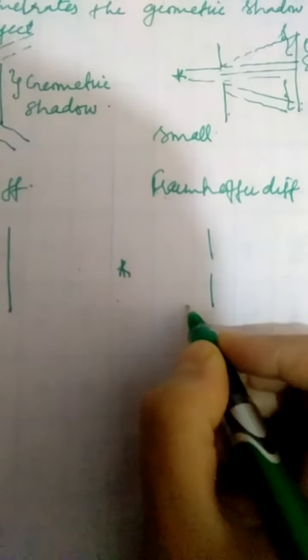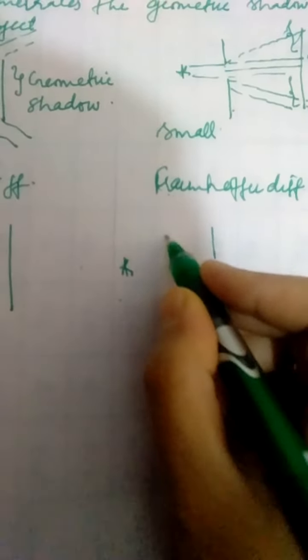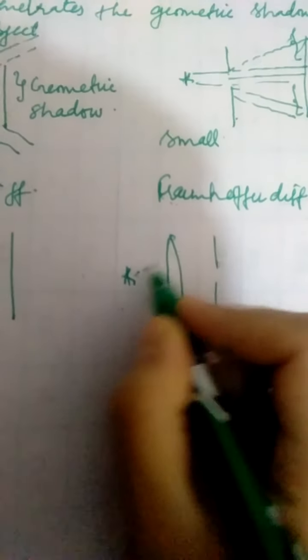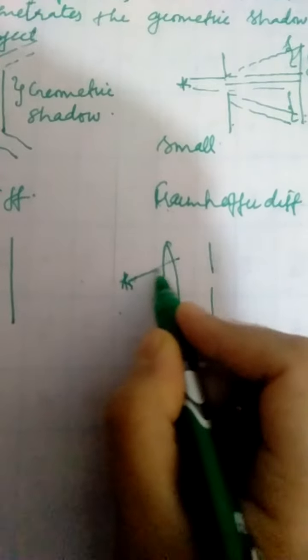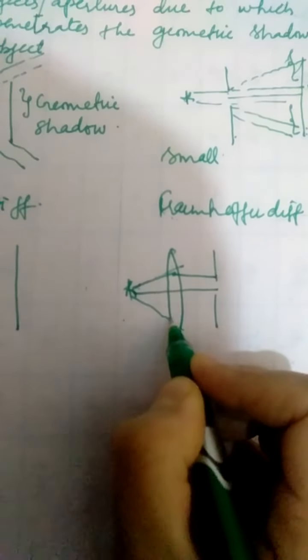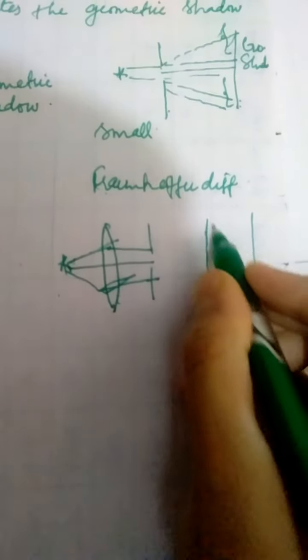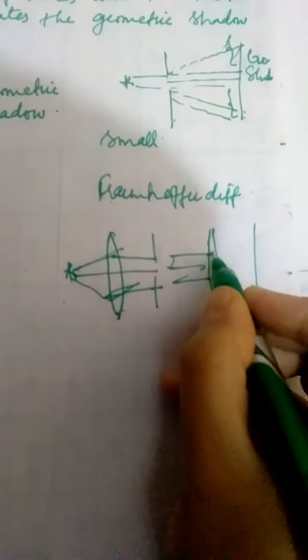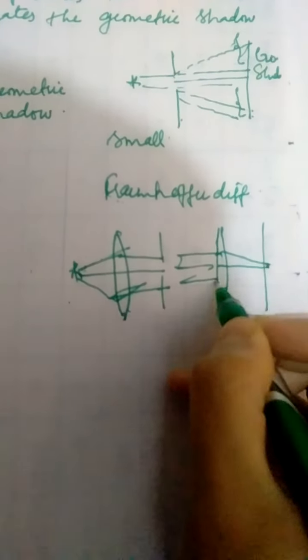Therefore, what you need to do here is introduce collimating lenses or convex lenses to render the path of light parallel and make it fall on the slit, right? Similarly, you need another collimating lens to make the light meet the screen.